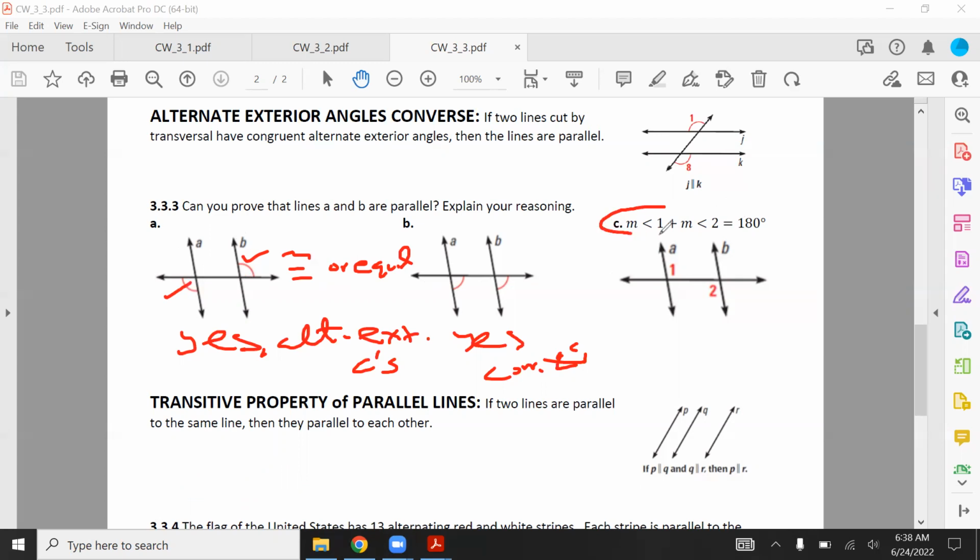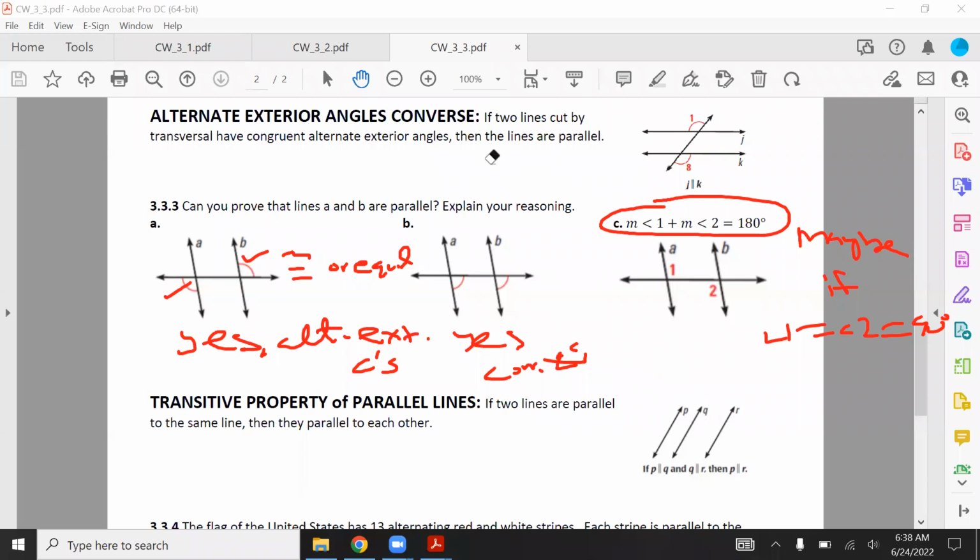Now these have to add to 180. I don't know if they're going to be parallel. I mean, if they're both 90, they could be. So this is a maybe. If angle 1 equals angle 2 equals 90 degrees, then yeah, of course, because then those are both perpendicular to the same line. Sure, why not? But that may not always be the case.